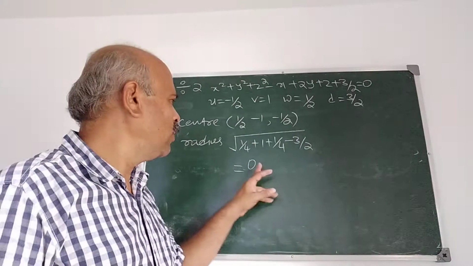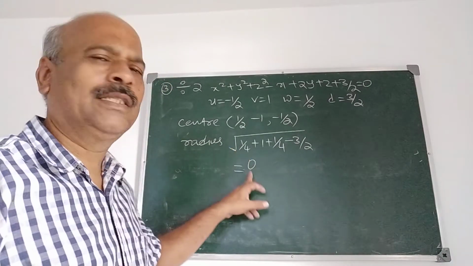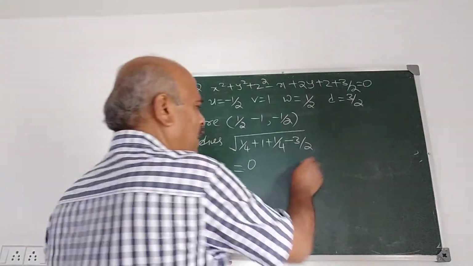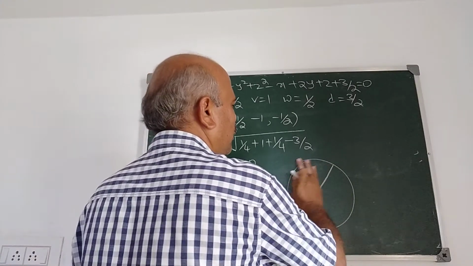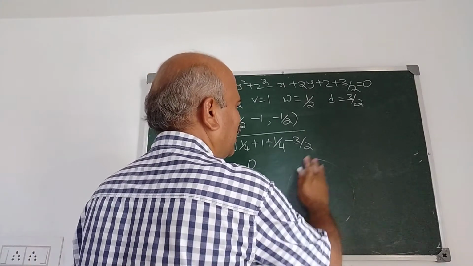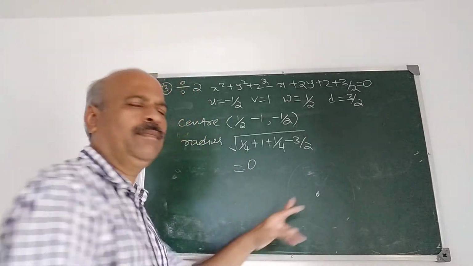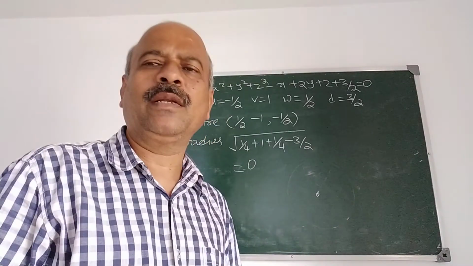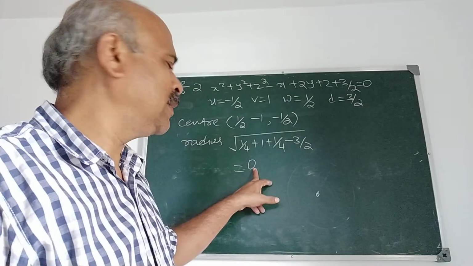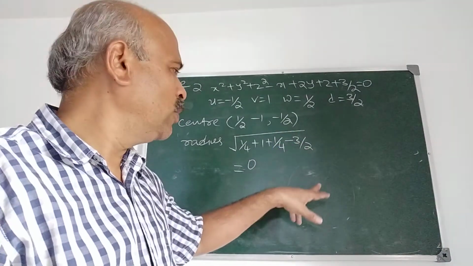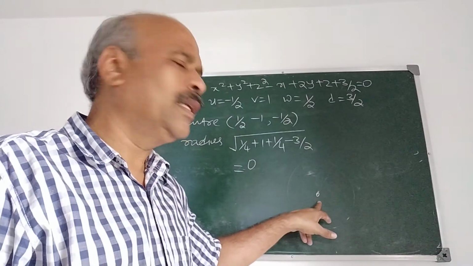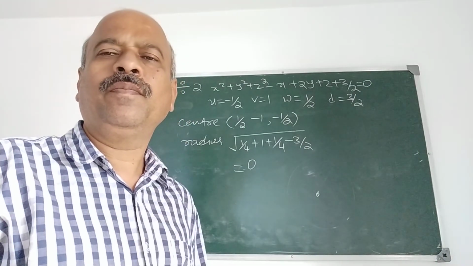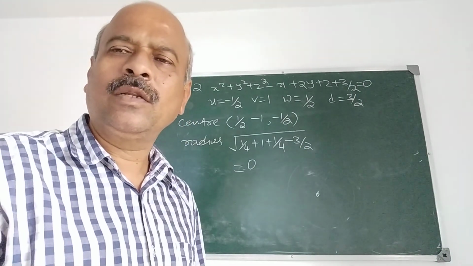What is your conclusion? Radius is 0. Radius is 0 means the sphere coincides with a point. That is called a point sphere. Here radius is 0, which means we have only the center. Therefore the sphere is called a point sphere. The remaining things I will continue in the next video.